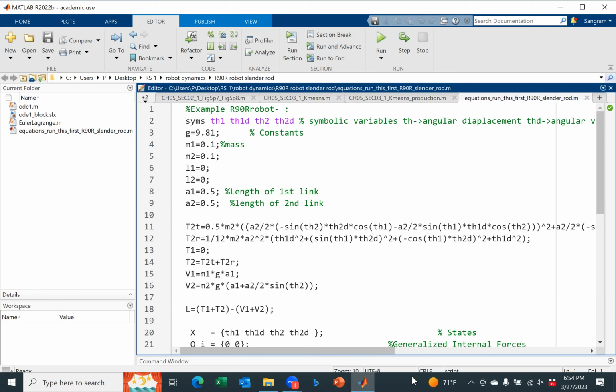But since this dimension is very, very small, this value is close to 0. So that's why the kinetic energy of rotation is also 0. So what that means is you have the slender rod which is rotating like this, but since this dimension is very small, the kinetic energy of rotation is very small. Everyone understood this?